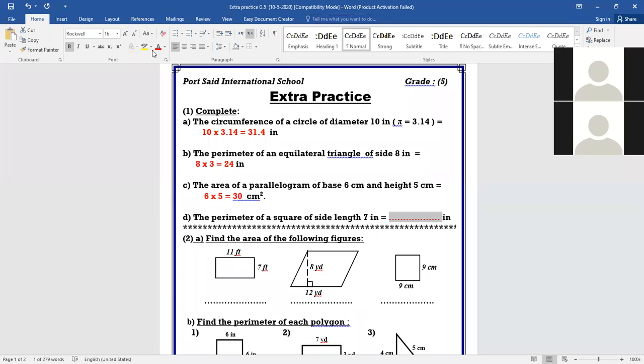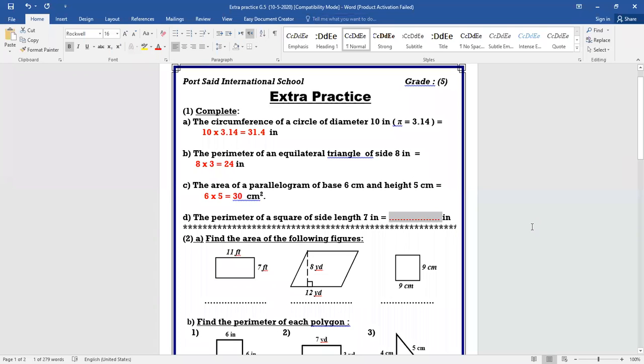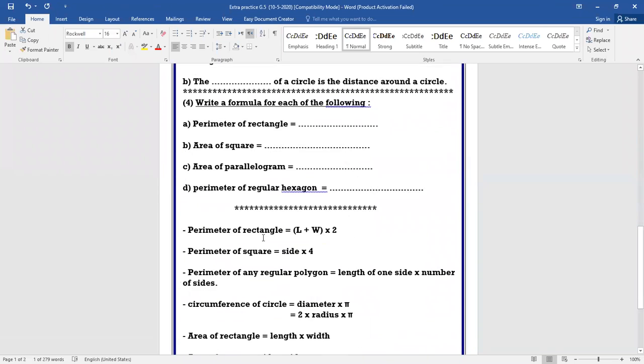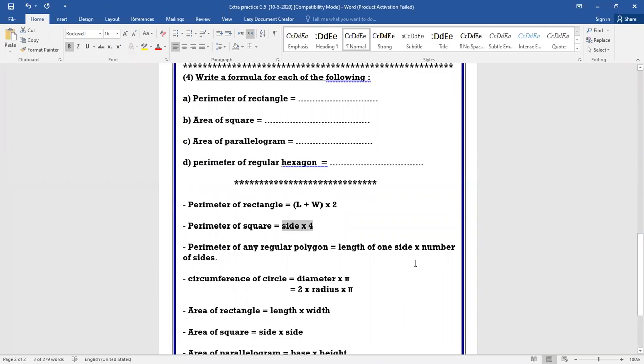Perimeter of a square is side multiply by 4.